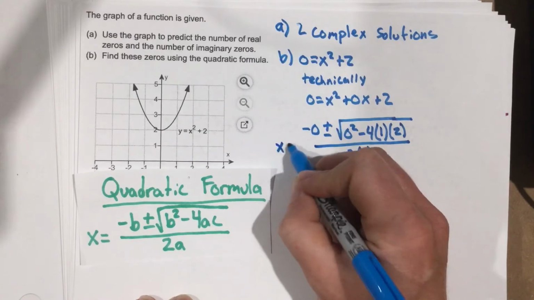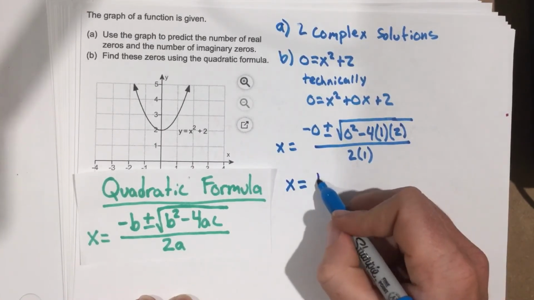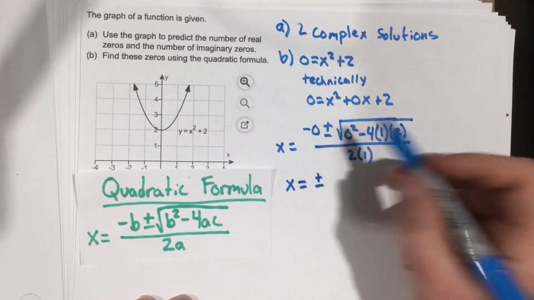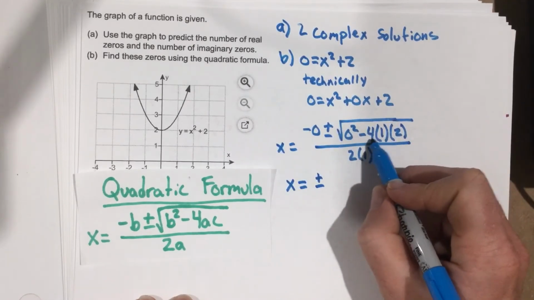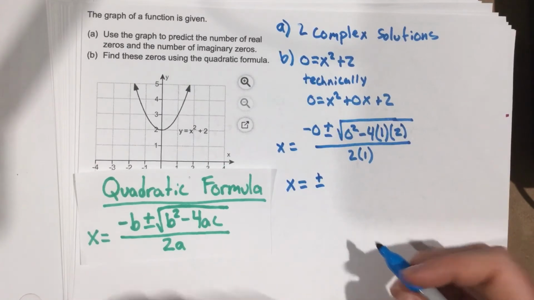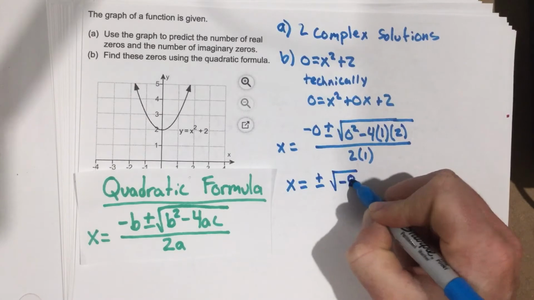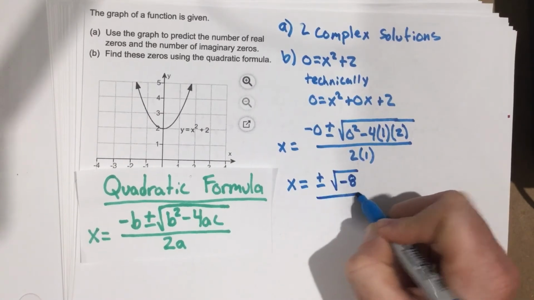And that's x equals. Well, we end up with x equals plus and minus, because this cancels out, that's negative 8. So we get root of negative 8 over 2.